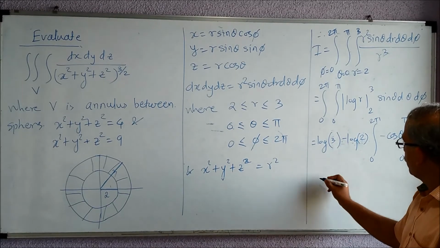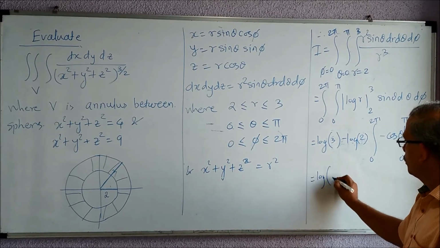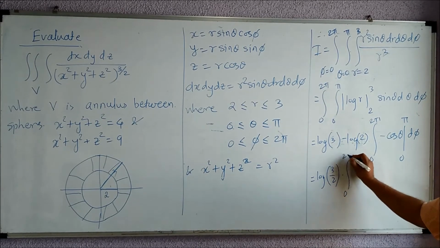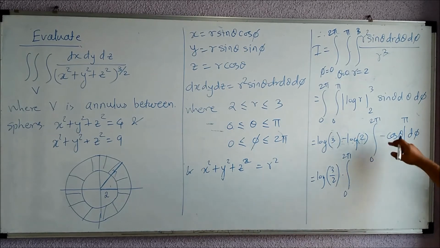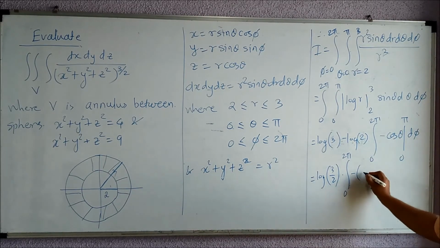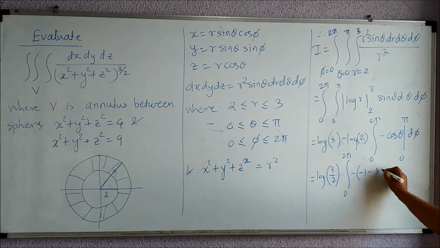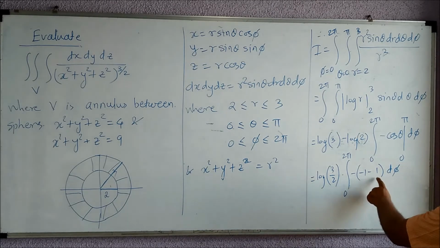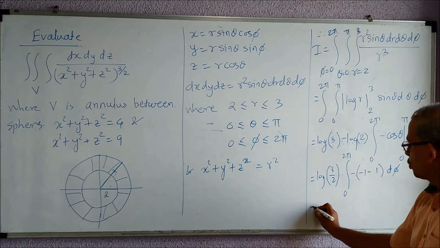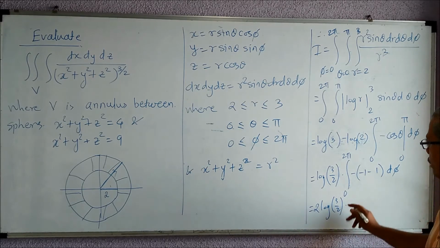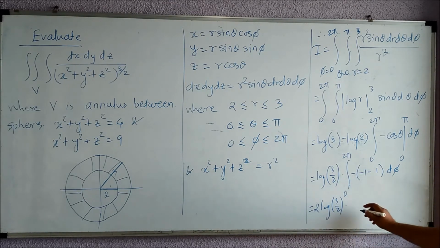So I am writing this as log of 3 by 2, integral 0 to 2 pi. After putting in the limits, I keep minus outside, and cos pi is minus 1, minus cos 0 is 1, d phi. So this is 2, and that 2 also comes out. So 2 log of 3 by 2, and then the integration of d phi will be just phi, from 0 to 2 pi.